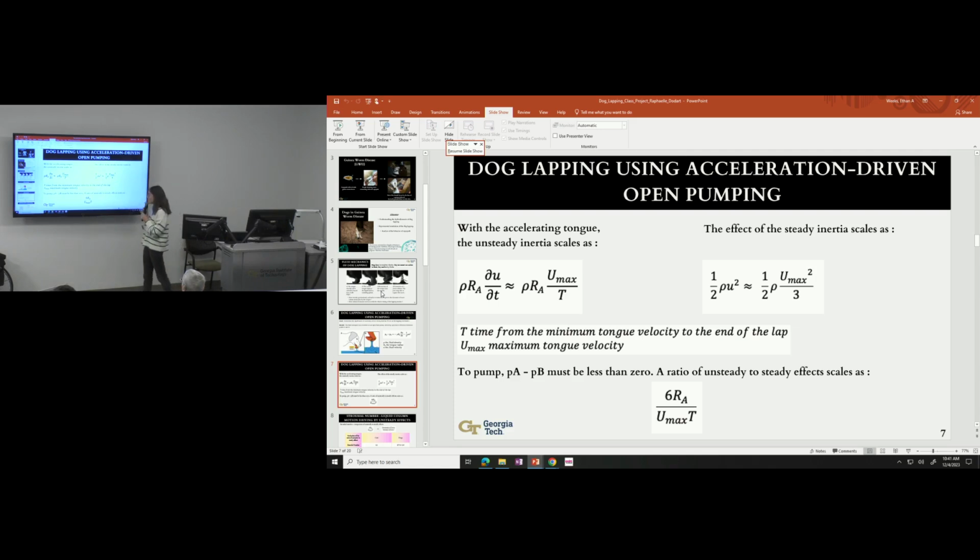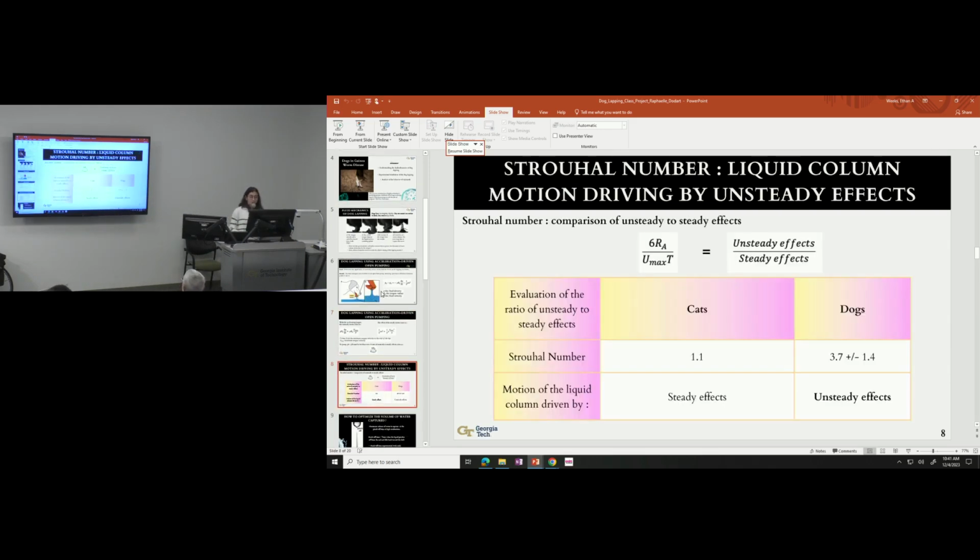To pump the water, the difference of pressure has to be less than 0. So the ratio of unsteady to steady effects scales as this ratio, that is the Strouhal number, which allows us to compare the unsteady and steady effects.